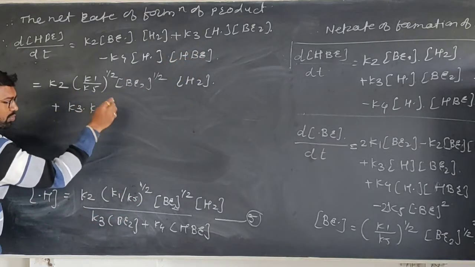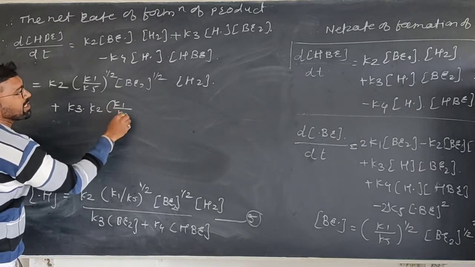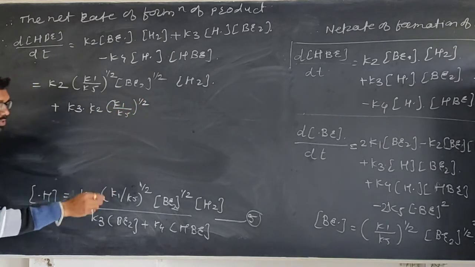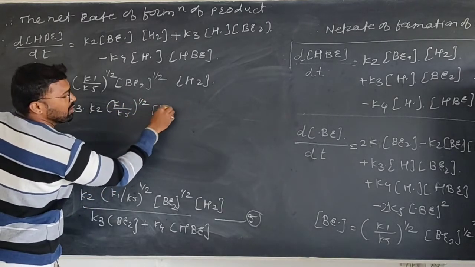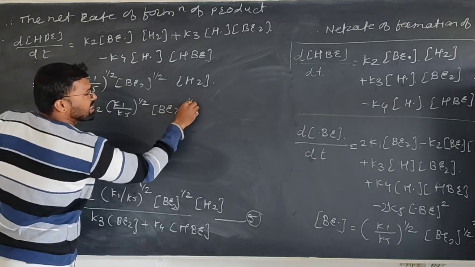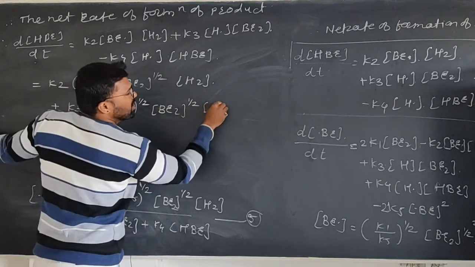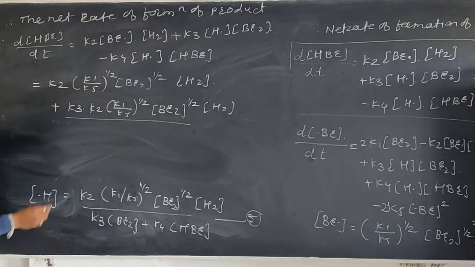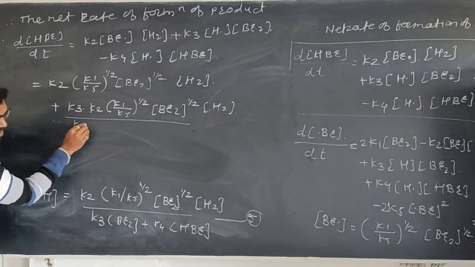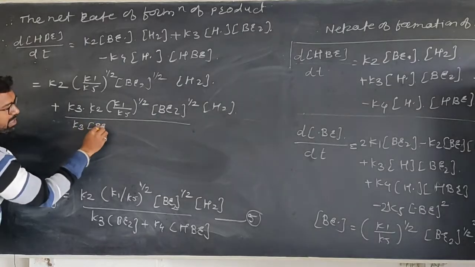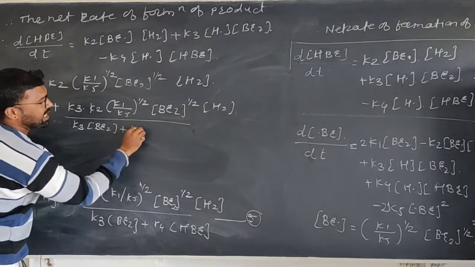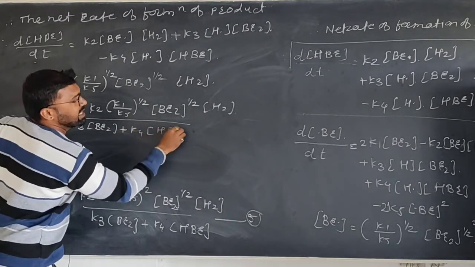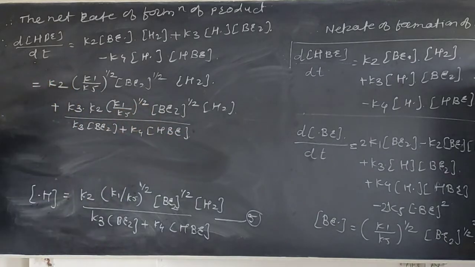K2 into K1 upon K5 raised to half into Br2 raised to half into H2, having the denominator which one? K3 into Br2 plus K4 into HBr, right?